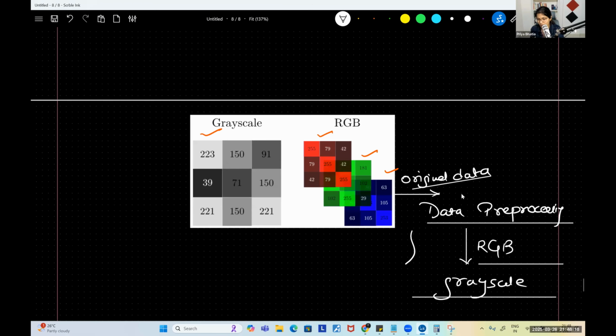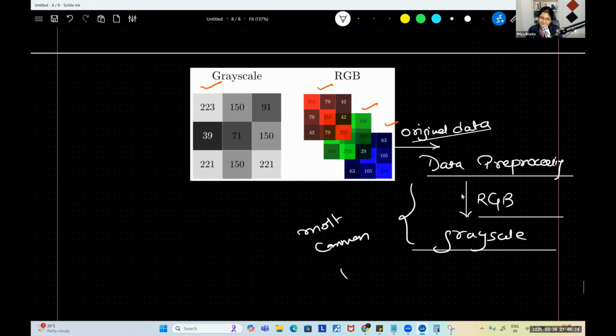This is, I would say, a most common practice, so that it will be very easy for the system to do the computational part. Because when we take RGB images directly, we will be having three separate matrices, and our computation will be very expensive. It will first have to do the R part, then the G part, then the B part.